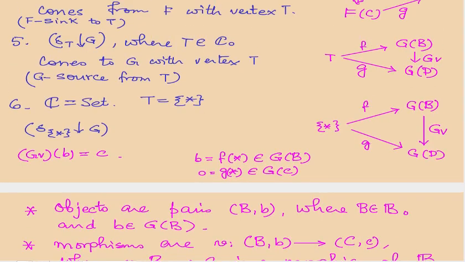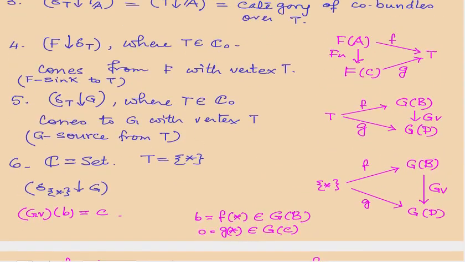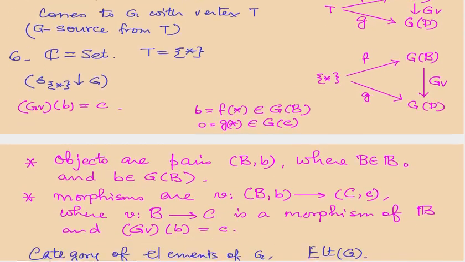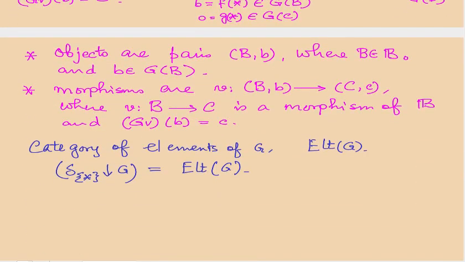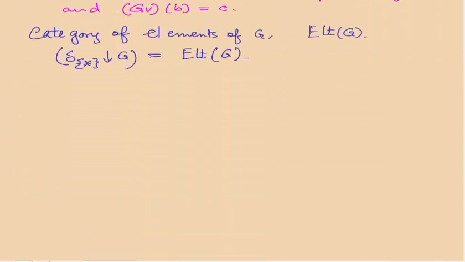So these examples tell us quite a bit about this special category of F over G. I will come back to this notion of the bundle again in the rest of this lecture. So, the notion of the bundle.